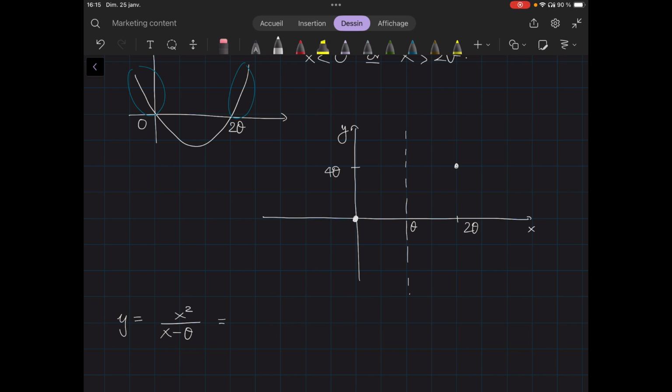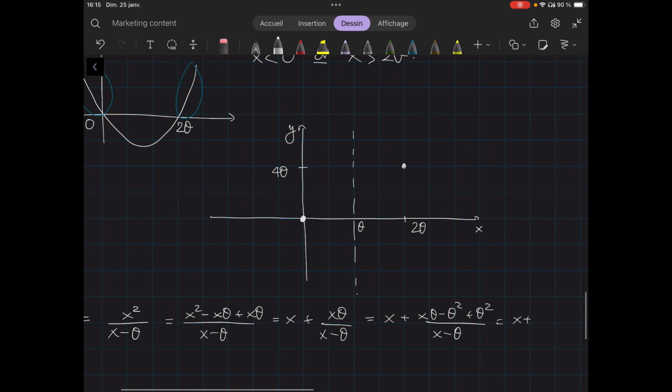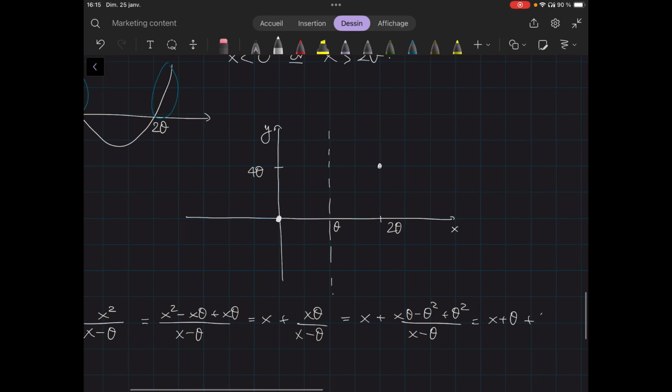So let's start off by adding and subtracting x theta, because that would give us the x value, plus x theta divided by x minus theta. So y equals to x plus theta is going to be the slant asymptote in this case.